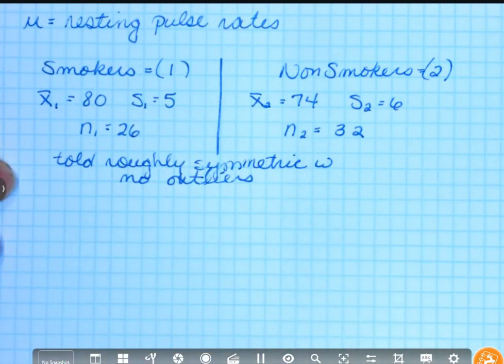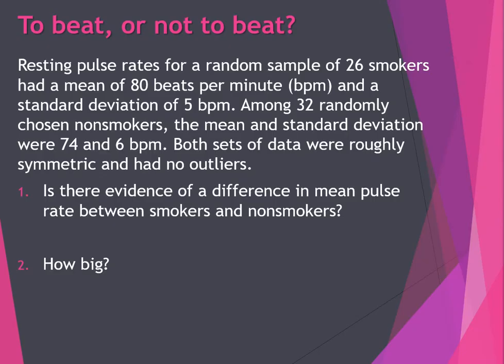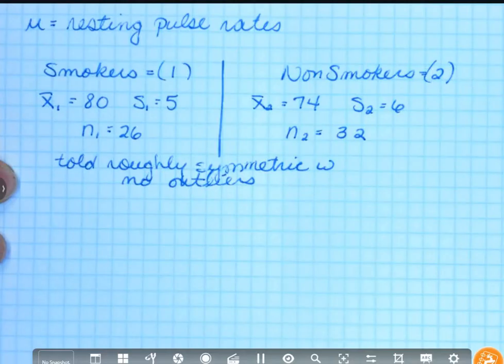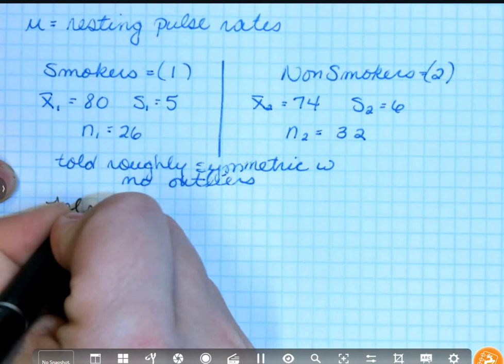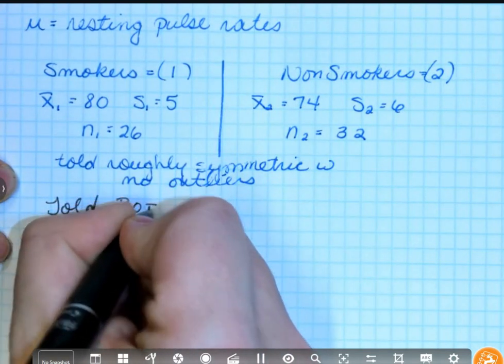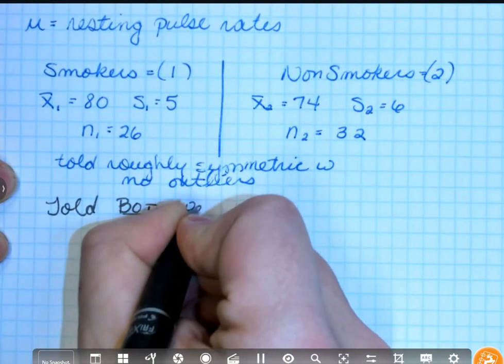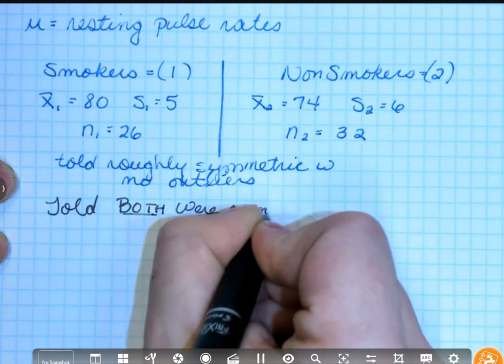So if I go back to this, what am I starting with, assumptions and conditions wise? Independence. So do we have independence within one group and within another group? Okay. We were told both were random samples.